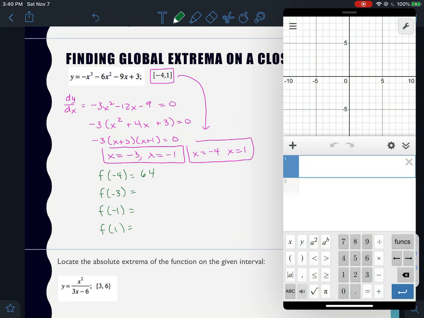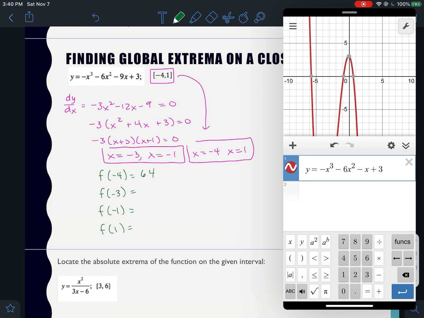I'm just going to do these on Desmos so I don't make any little math mistakes as I'm going along. So I have y equals negative x to the third minus 6x squared minus 9x plus 3.